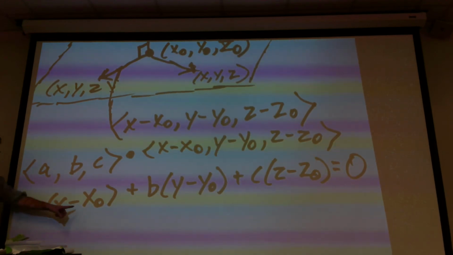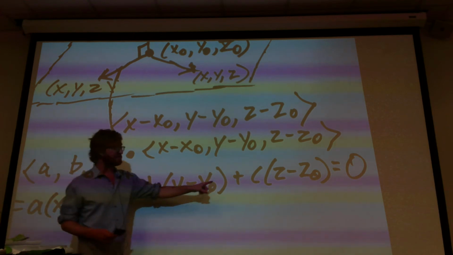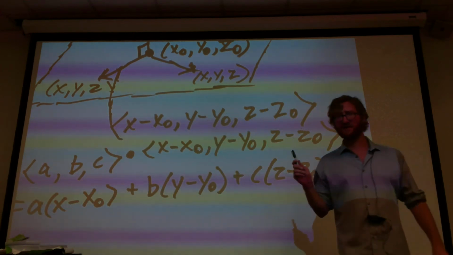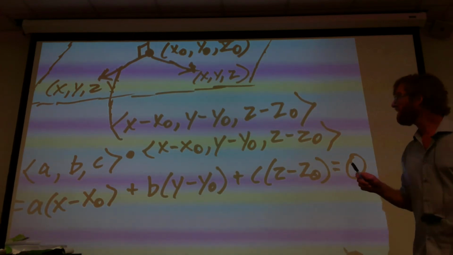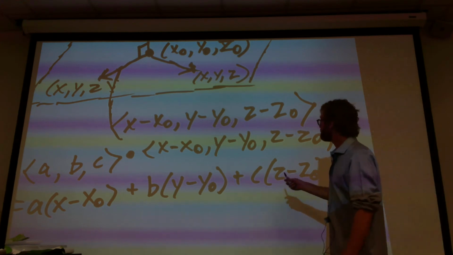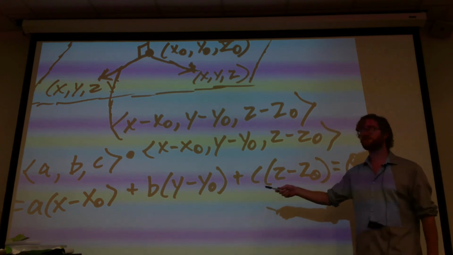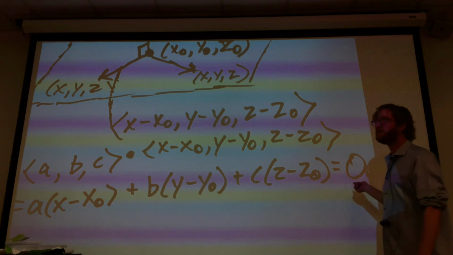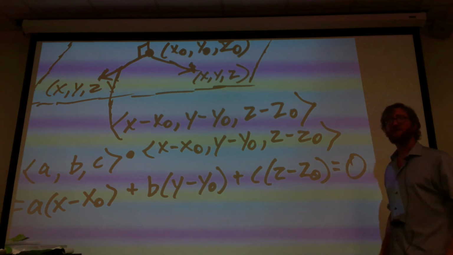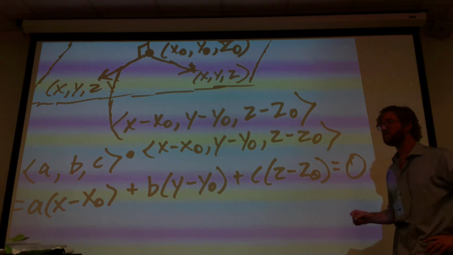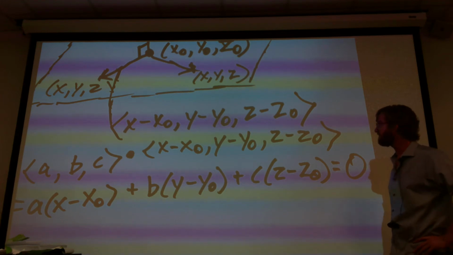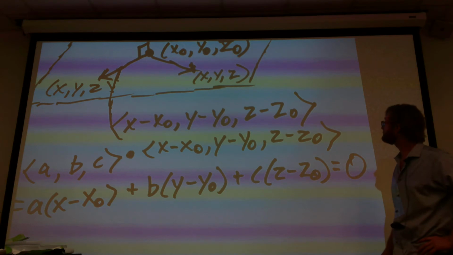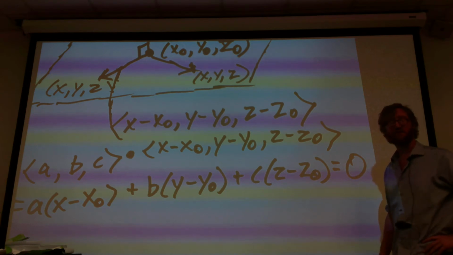You have a point, x naught, y naught, z naught, that you know exists within this plane, and then you have a vector that is perpendicular to all of those vectors within that plane. By setting it equal to 0, we get the equation of a plane. So this is one of the useful properties of the dot product: it gives you the equation to describe a plane.